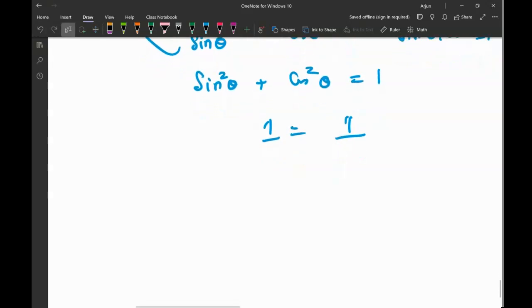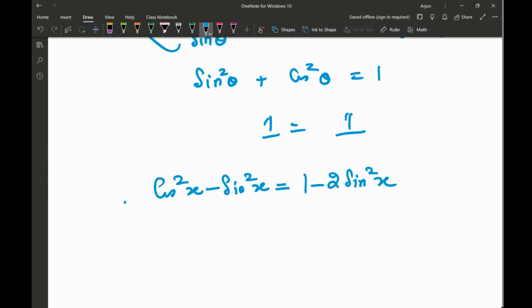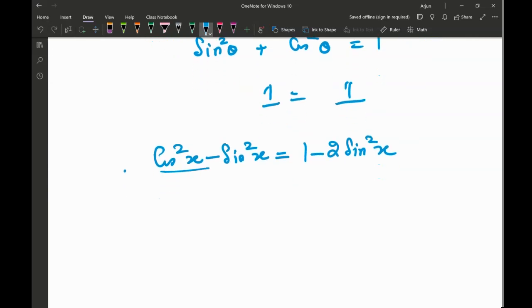Now another question I'm going to try and take, that is cos square x minus sine square x equal to 1 minus 2 sine square x, and that's what we will try and prove. So now cos square theta, what can I write for cos square theta? Cos square theta plus sine square theta is equal to 1, so cos square theta can be written as 1 minus sine square theta.